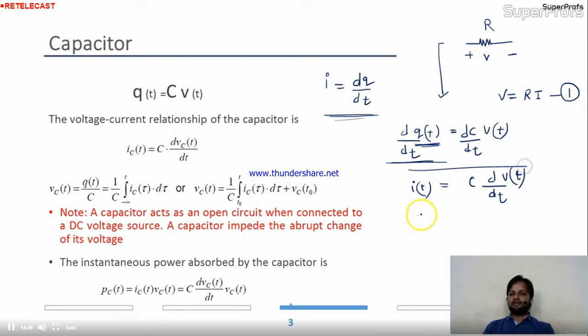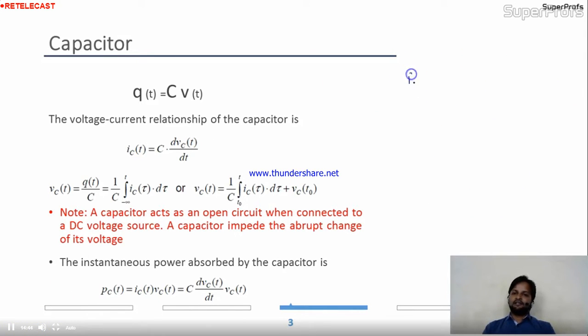So this is the current and voltage relation for the capacitor. This is the formula: iC(t) is nothing but C dVc by dt. Suppose someone asks you what is Vc(t). So we have to integrate it, right?